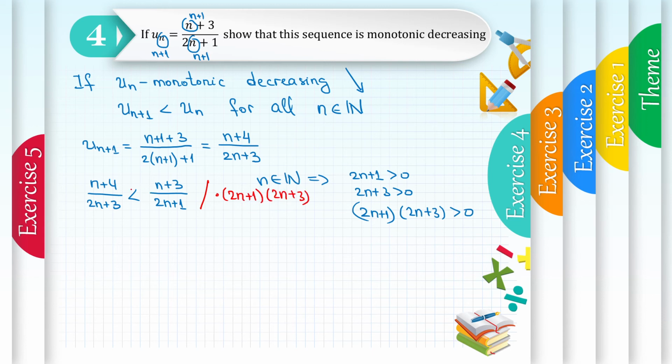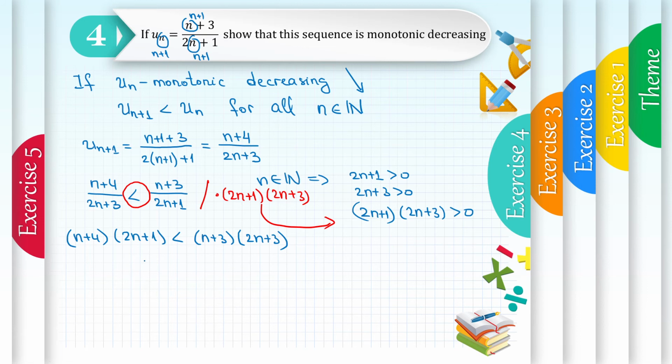And we are sure that this sign will remain unchanged because we are multiplying with a positive expression. When multiplying both sides with (2n+1)(2n+3), we will get that (n+4)(2n+1) is less than (n+3)(2n+3).